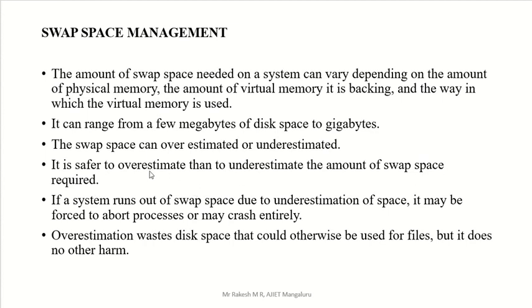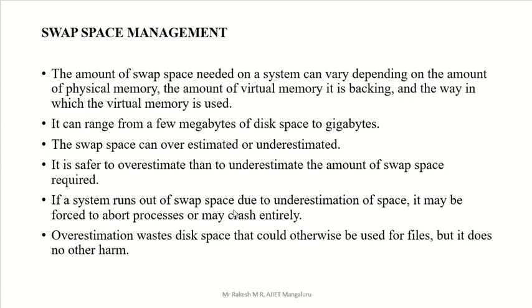So overestimation is good compared to underestimation, because with underestimation we have a problem. If a system runs out of swap space due to underestimation of space, it may be forced to abort the process or may crash entirely. If swap space is underestimated, there is a chance of crashing of the entire swap system or disk.